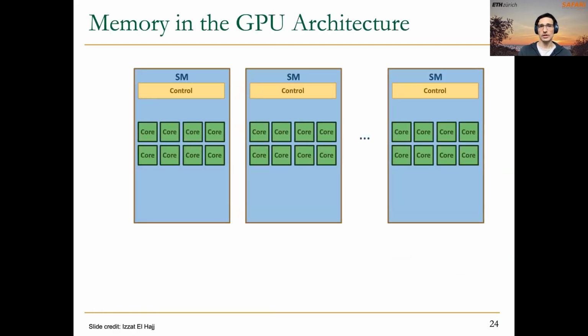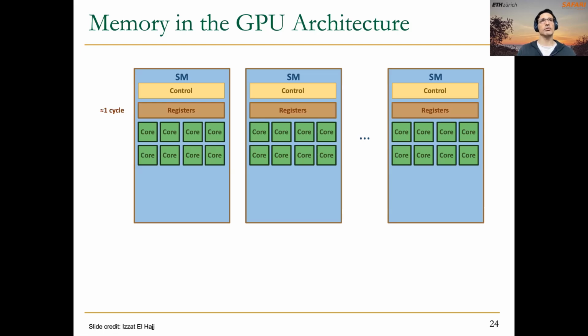And here in this slide, we have a simplified representation of the memories in the GPU architecture. Observe that on the slide, we have multiple SMs or GPU cores, and inside each SM, we have some control logic, and we have what NVIDIA typically calls CUDA cores, but these are essentially the SIMD lanes, SIMD functional units.